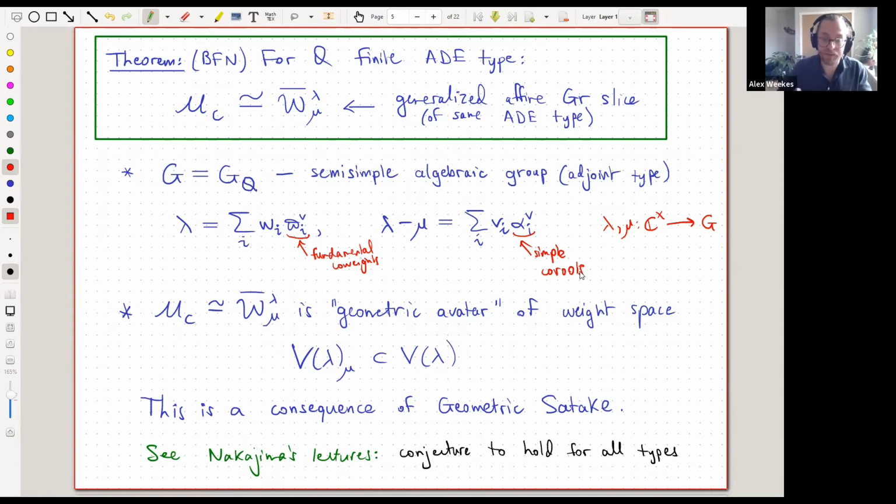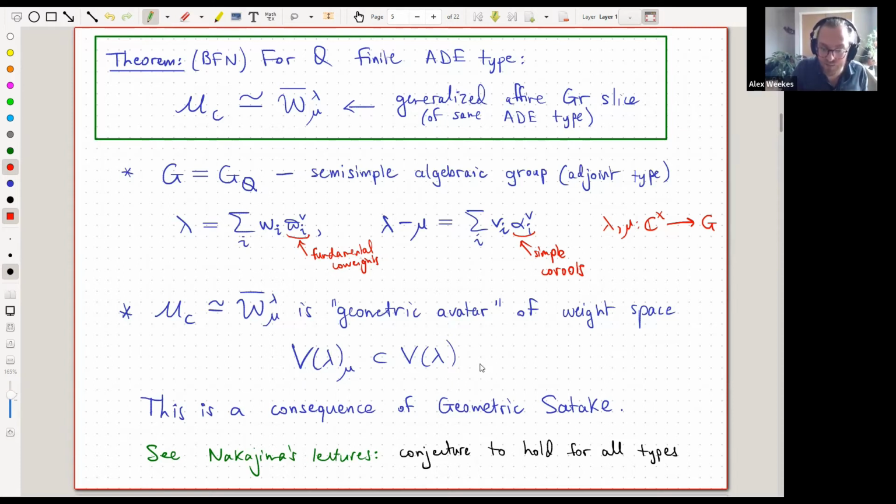As has been discussed in Nakajima's lectures this week, this variety, this affine Grassmannian slice, is some sort of geometric avatar of a weight space. And he gave a precise discussion. We take some sort of attracting set and take its top Borel-Moore homology, and we get something canonically identified with this weight space here.